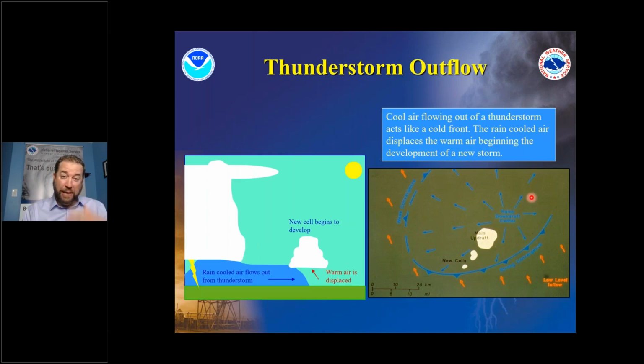One that we get here a lot is outflow from other storms. A normal thunderstorm ingests warm, moist, humid air. It goes up as an updraft, and then the downside of the storm, the exhaust, is a rain-cooled air mass. Gusty winds, maybe a little hail. When it hits the ground, as it spreads out, it acts like a little mini cold front.